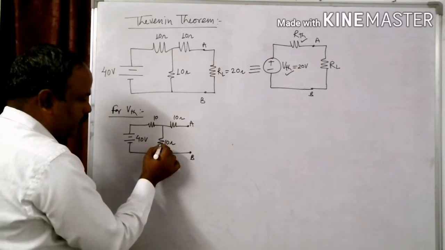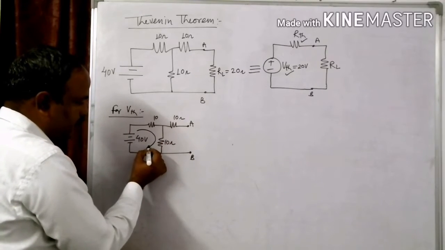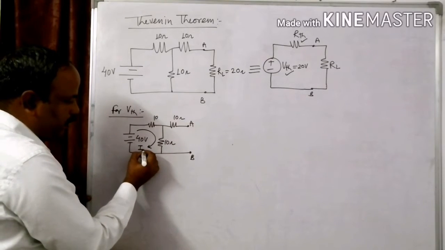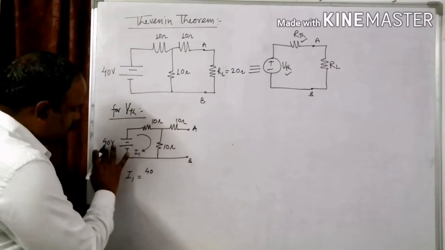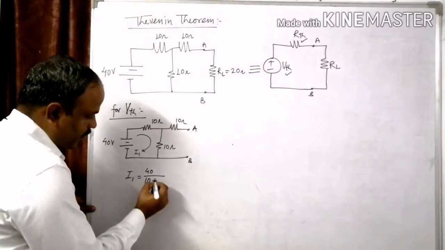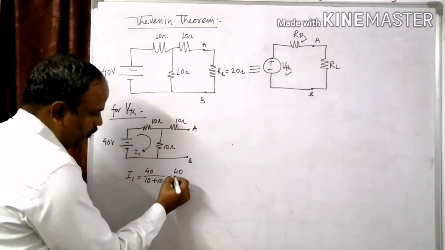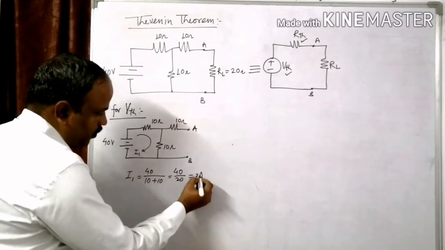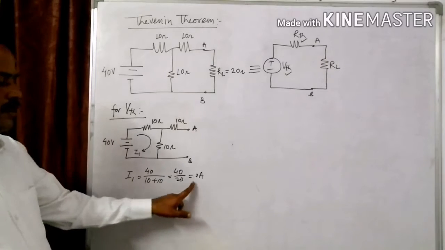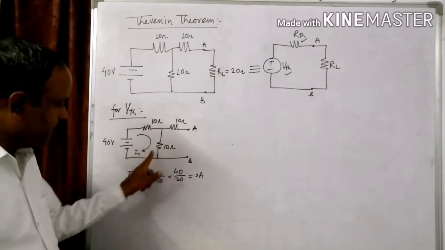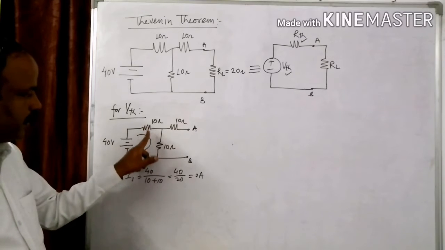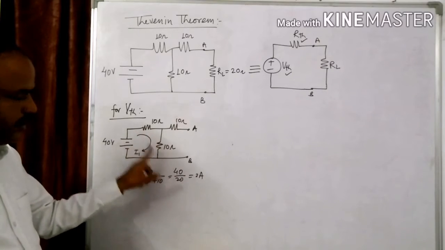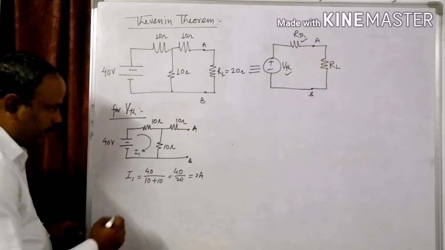This 10 ohm and 10 ohm are connected in a closed circuit. So the value of the current I1 is nothing but the voltage source divided by 10 plus 10, it becomes 40 upon 20, that is 2 ampere. 2 ampere is the current passing through this loop, right? This 10 and this 10 are connected in series, right?